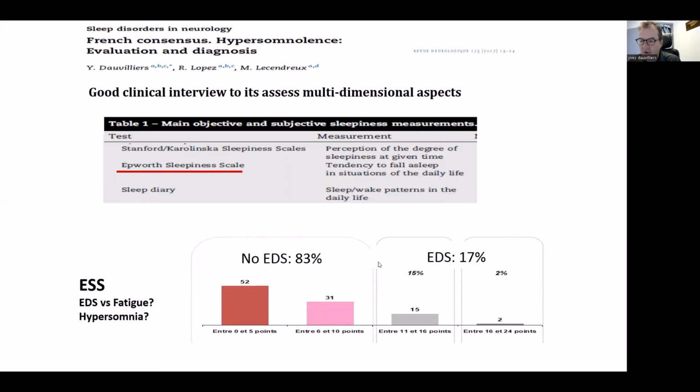So it's a very frequent condition. But again, it cannot replace a good clinical interview, because it does not differentiate fatigue and daytime sleepiness, and it does not assess long sleep at night. So it's not enough. It's just to help quantify the severity of excessive daytime sleepiness subjectively.